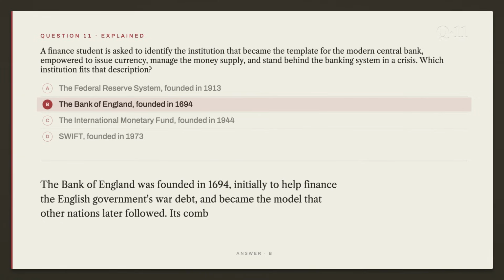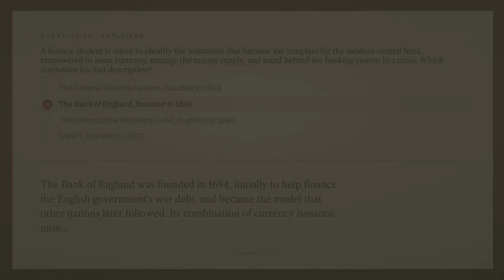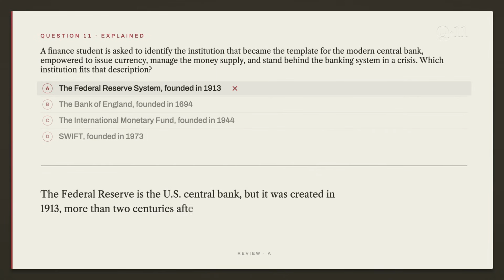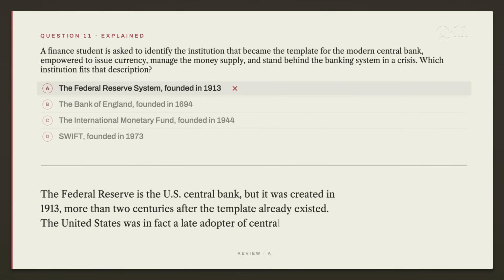Every later central bank, including the Federal Reserve, was built on that template. A is wrong because the Federal Reserve is the US central bank, but it was created in 1913, more than 2 centuries after the template already existed. The United States was in fact a late adopter of central banking.